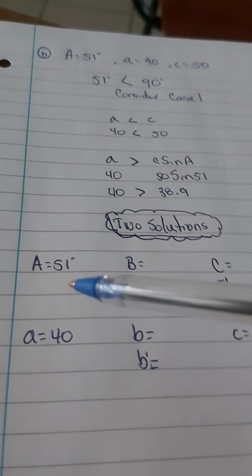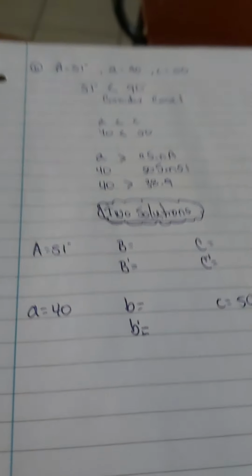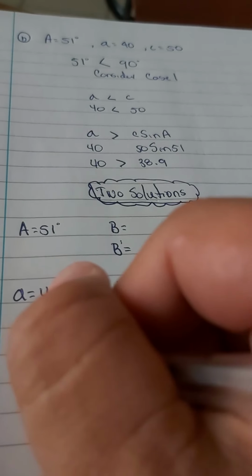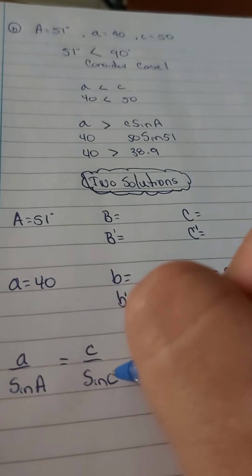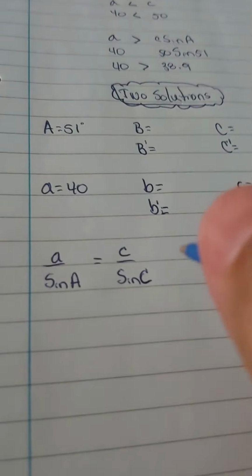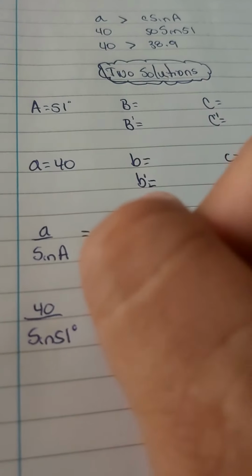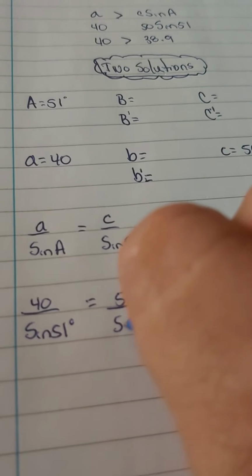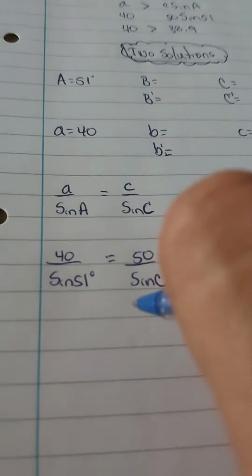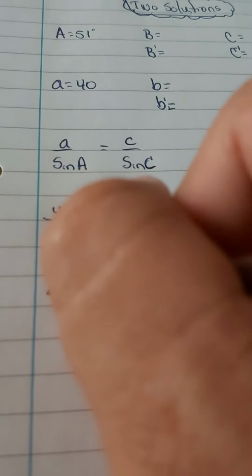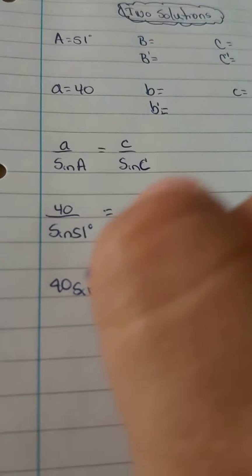Because I have side A, 40, side C, and I have angle A, so we can find angle C. So look, A over sine of A equals C over sine of C. Substitute: 40 over sine of 51 degrees equals 50 over sine of C. Cross multiplication: 40 sine of C equals 50 sine of 51.